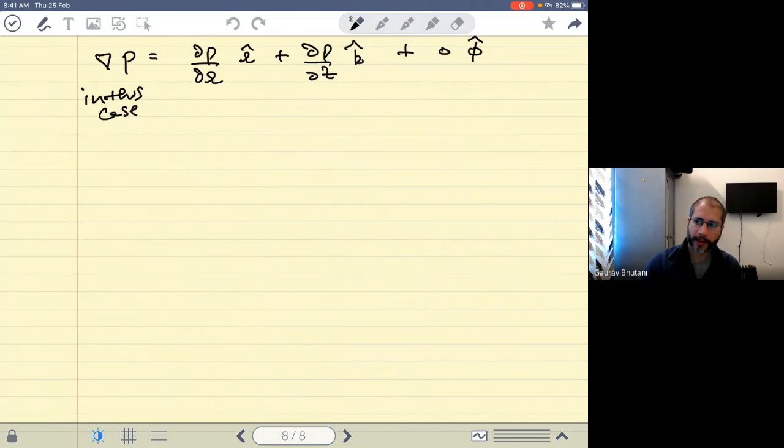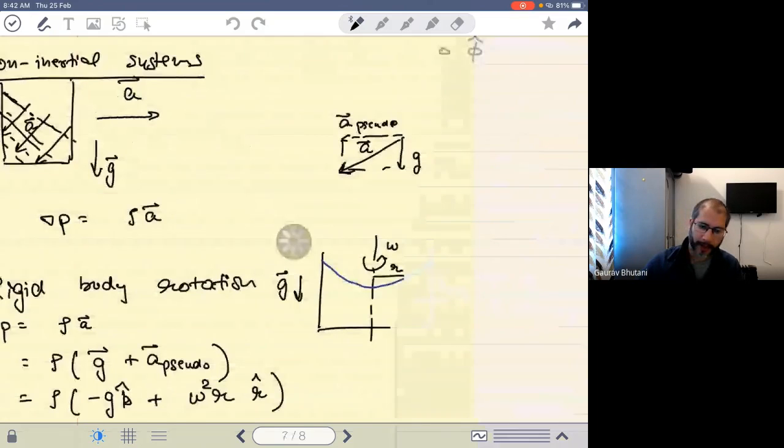So if I equate the components of the unit vectors, we get del p by del r is rho omega square r, well, with a rho. Did I miss a rho again? No, that's okay.